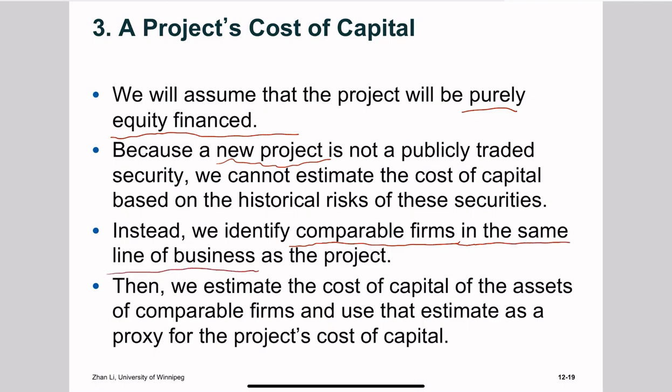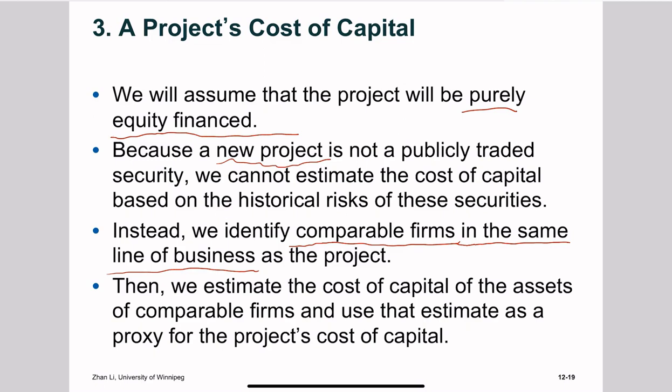Now, if this comparable firm is in the same line as your project, then you could actually obtain data from that comparable firm. Then you could calculate the cost of capital from those data points. And then you could use your estimation from this comparable firm as the estimation for your own project.